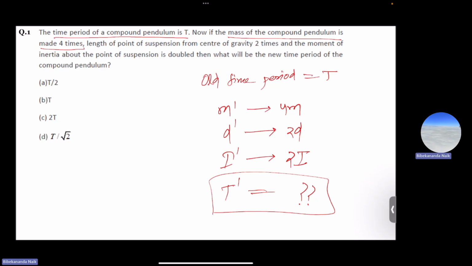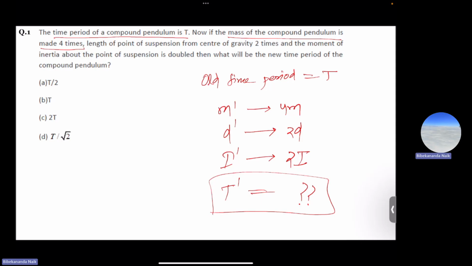If we discuss compound pendulum, unlike simple pendulum, it has some center of gravity due to its mass distribution. So the information we need is the mass, the moment of inertia about the axis that passes through the point of suspension, and the length from the suspension point to the center of gravity.